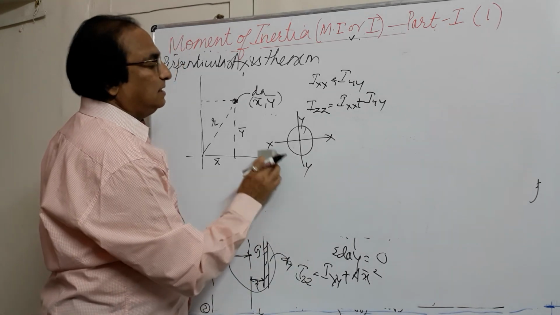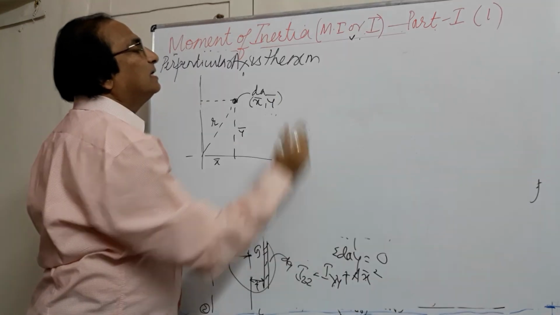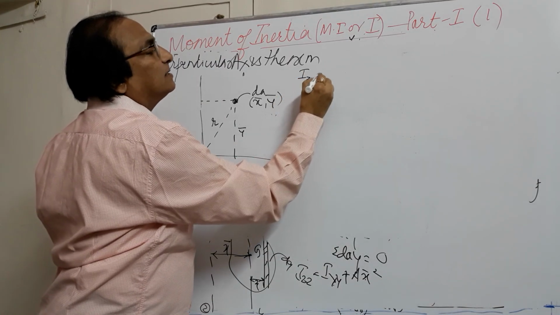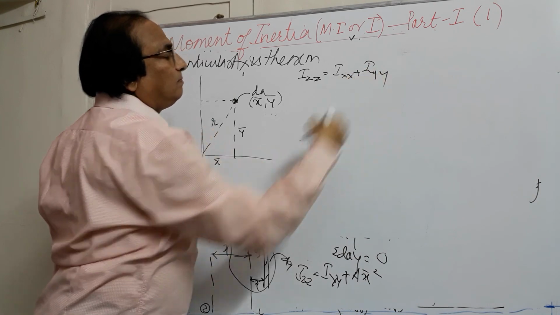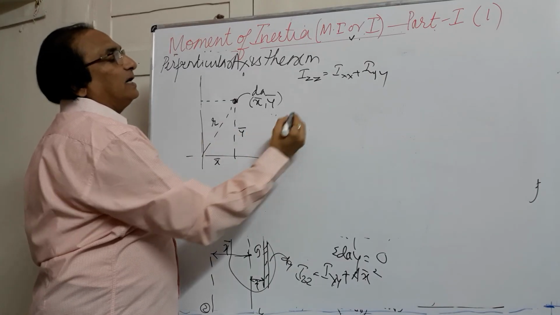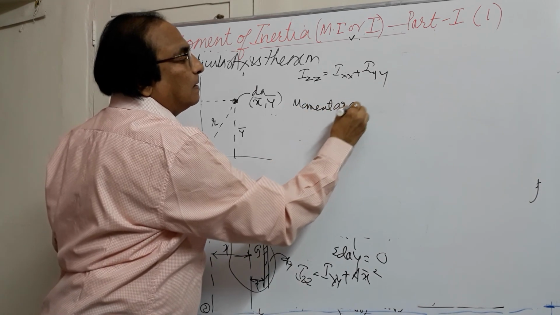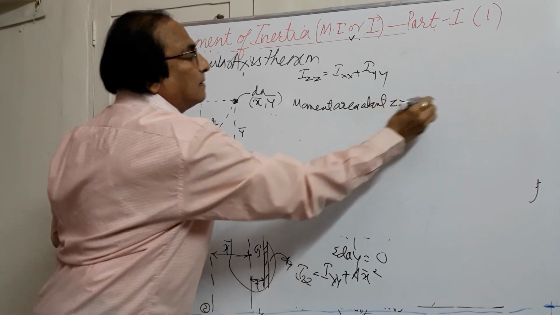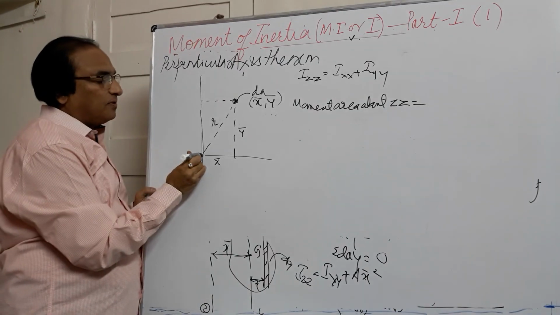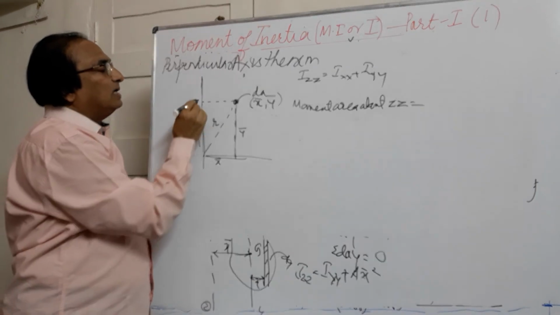Let us see the proof for this. The simple statement here is Izz equals Ixx plus Iyy. Now if I take the moment of area about zz, if I take moment from x, this is the distance, and if I take moment from y, this is the distance.